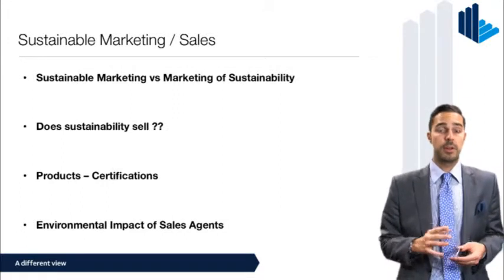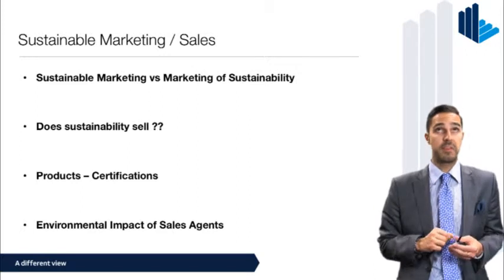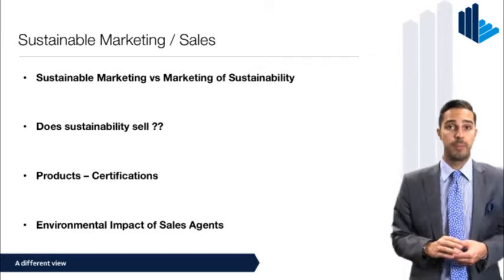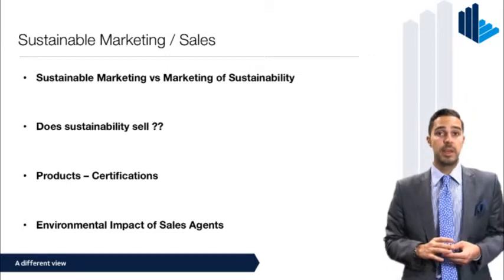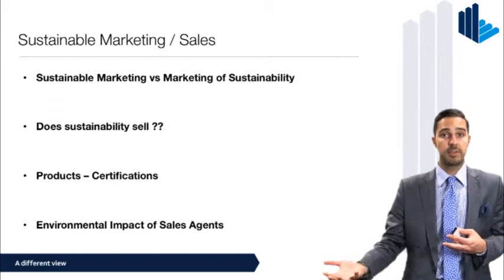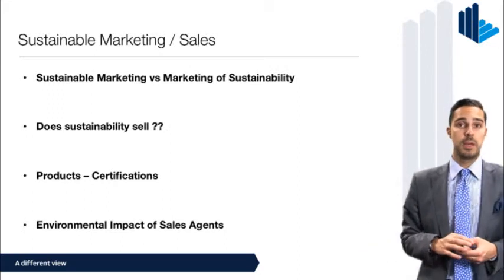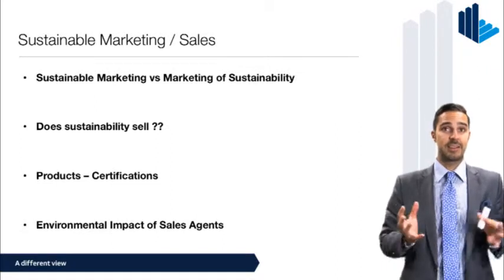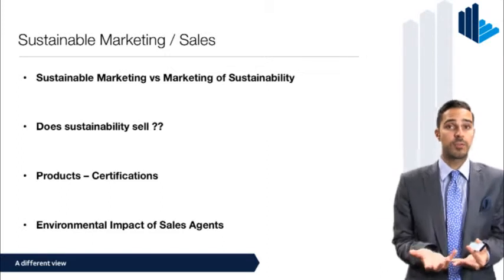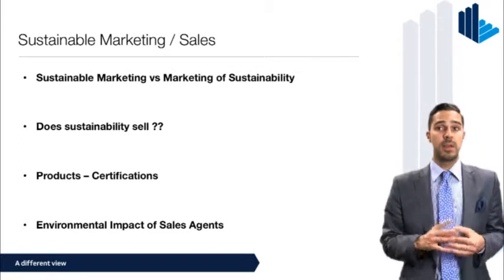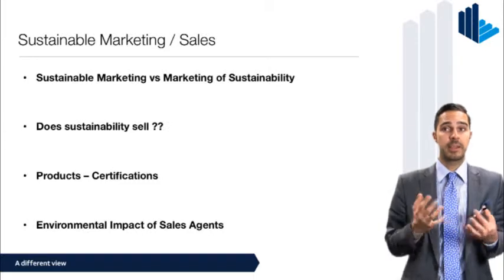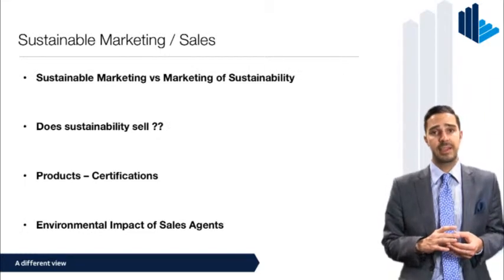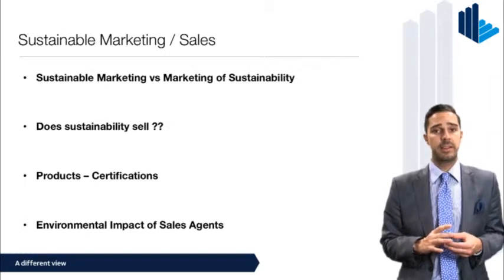So for example, the organization of an exhibition for promoting, for marketing your products is something where energy is used, materials are used, brochures are created, and so on. You can basically organize that activity or try to organize it in a more sustainable way. That is what sustainable marketing is about.